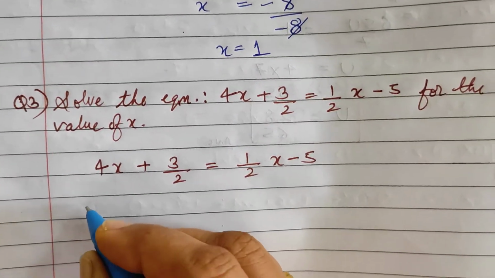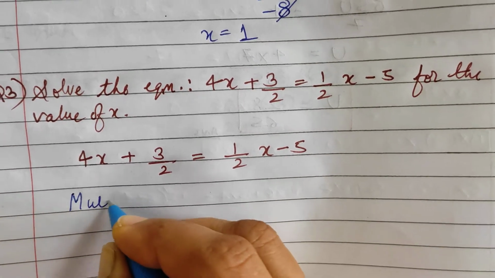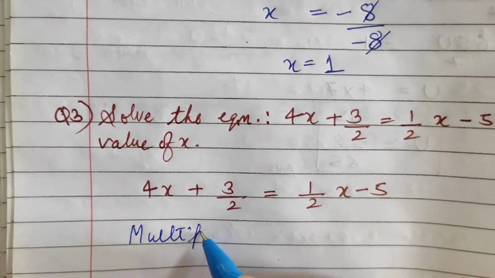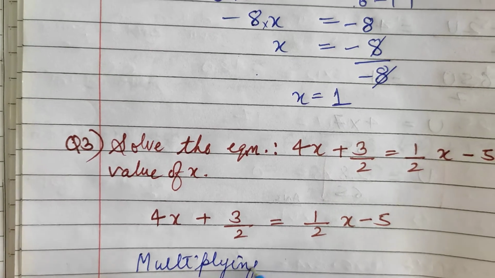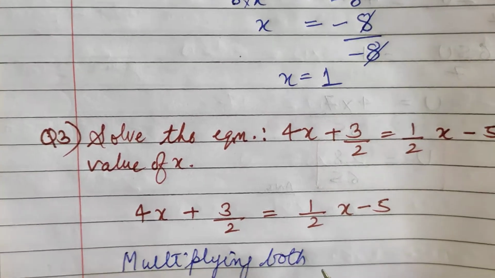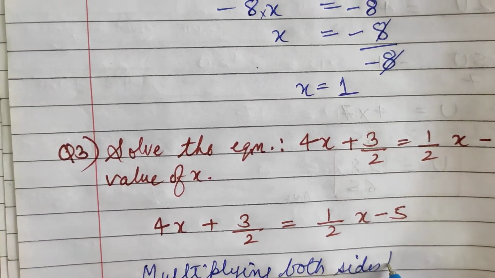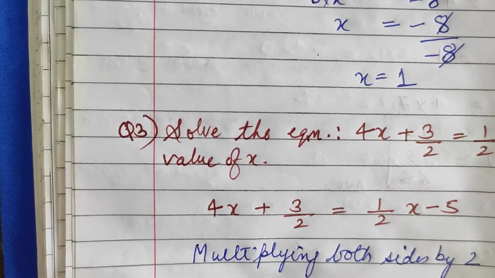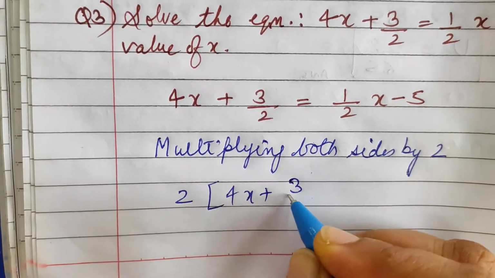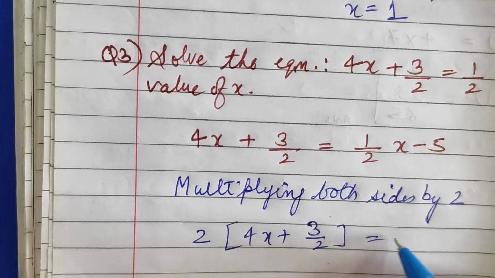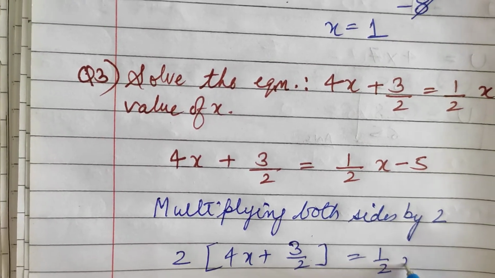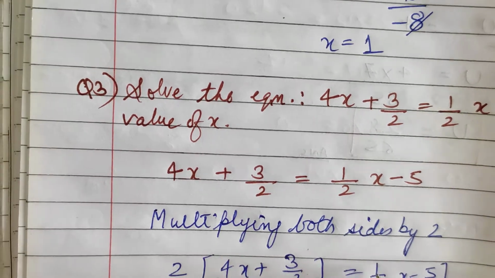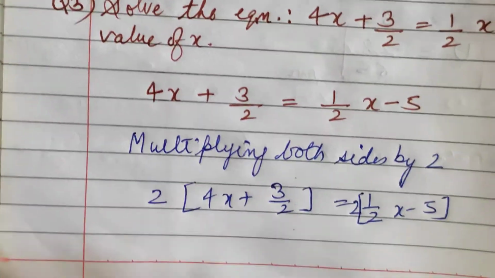Okay. What we'll be doing? Multiplying both sides by 2. So we are multiplying this side by 2, and this side also we are multiplying by 2.